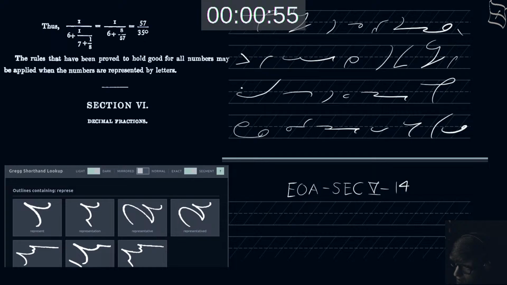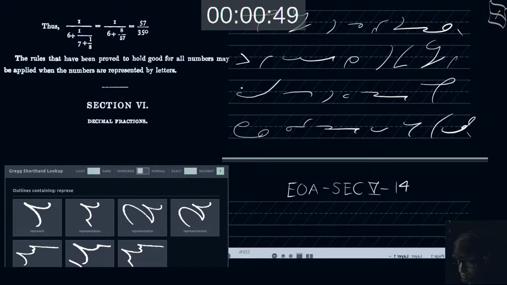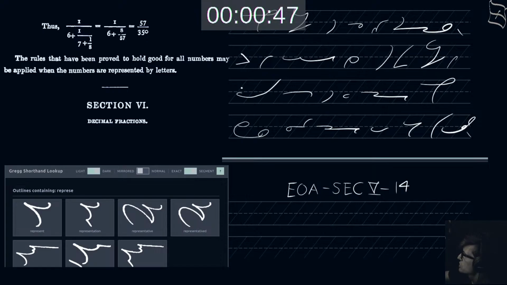Yay! And that, my dear friends, ends section number 5, which is really neat because that means I completed a whole section in a day. Not too shabby.